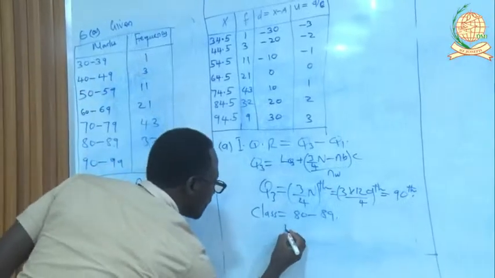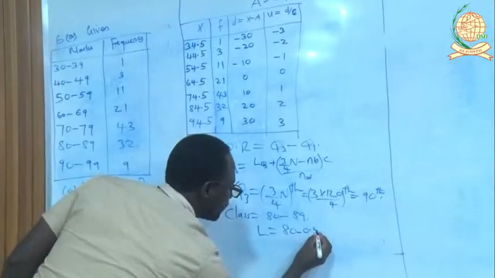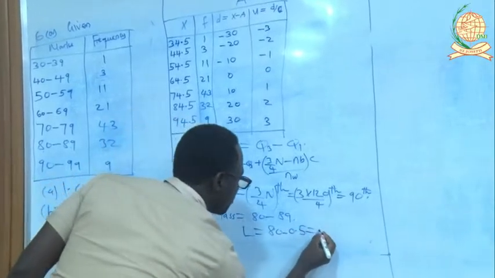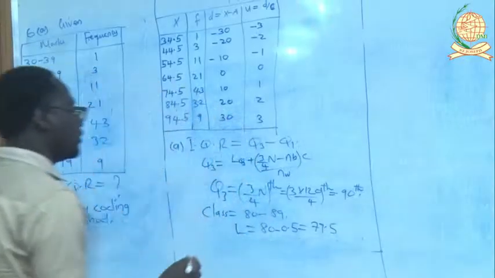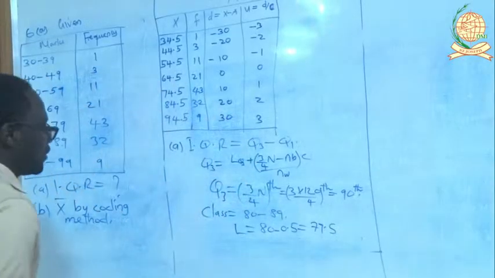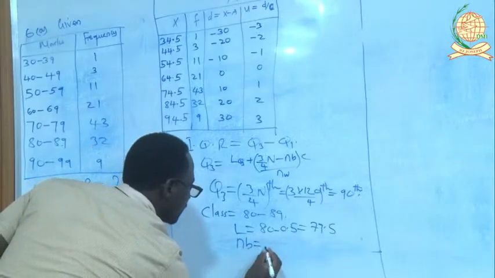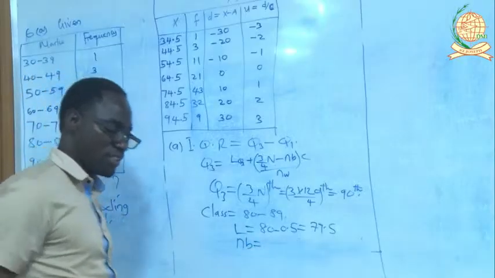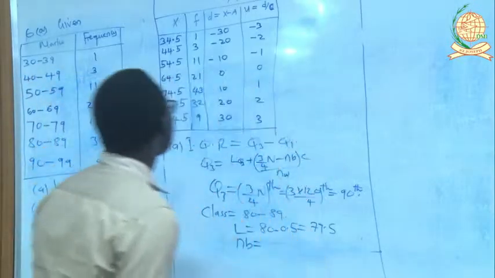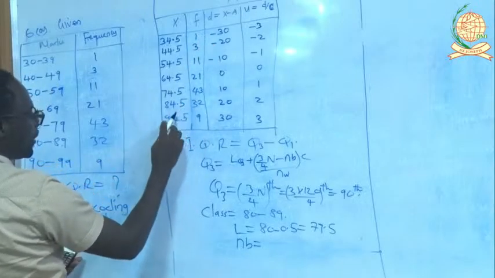After having that, then find the L now. L, you take 80 minus 0.5. This will be 79.5. NB is the total number of frequencies before the class interval. So add the frequency before the class interval, 1 to 43.